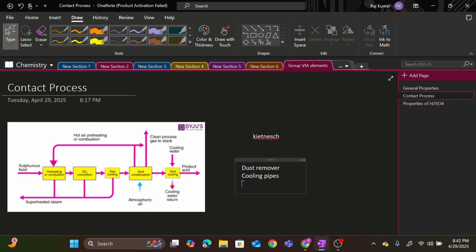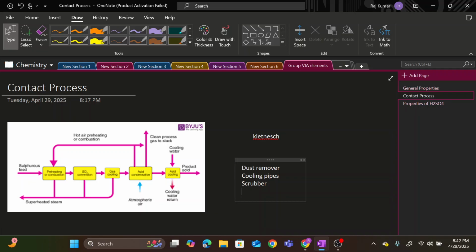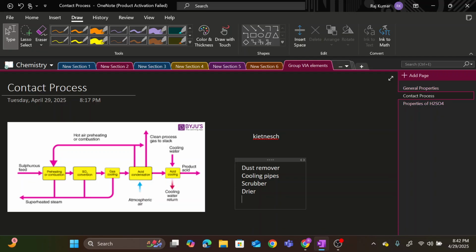After that we have the scrubber, where we sprinkle water on the sulfur dioxide; sulfur dioxide is unable to dissolve in water, but the dust particles are able to dissolve in it, due to which sulfur dioxide is purified. After that we have the drying chamber, in which the dehydrating agent sulfuric acid trickles down through the coke in the chamber, which is then utilized to absorb water from the sulfur dioxide.